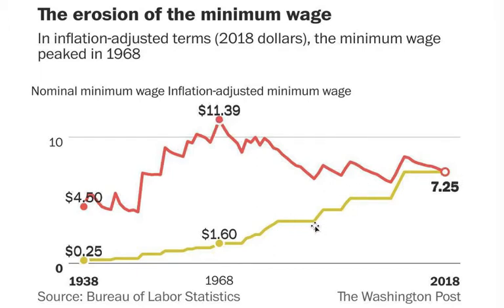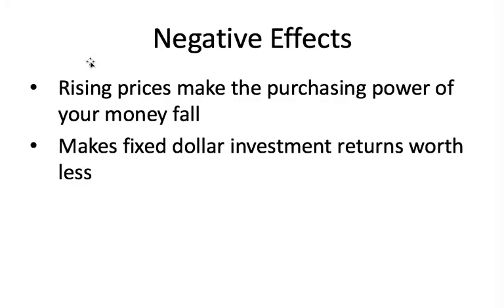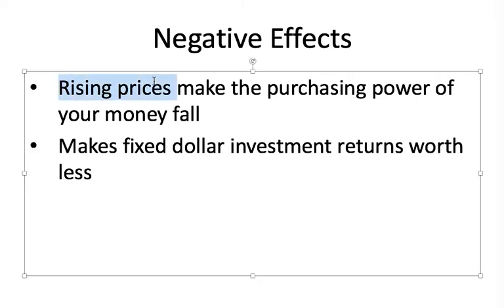But by 1988, this, that looks about like $3.25, would only buy you about the same amount as $7.25 would buy you in 2018. Long story short, if prices rise faster than how much your wages are increasing, how much you can buy, or your purchasing power, goes down.